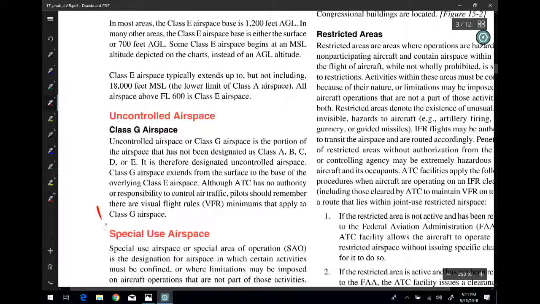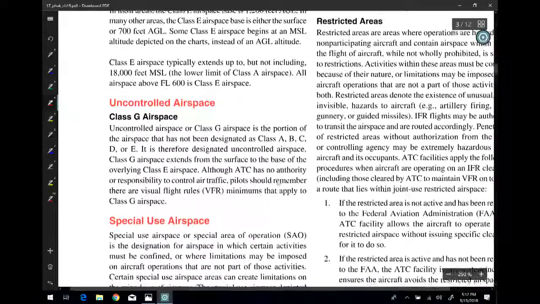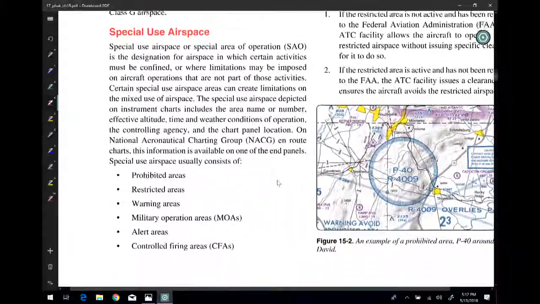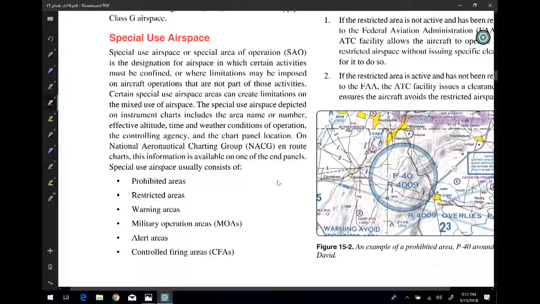Okay? Then we go to special use airspace. This is where we have some different areas that we definitely want to be familiar with. Prohibited areas, restricted, warning, military operation areas, alert areas, and controlled firing areas. When you hear me say those words, you think there's a lot of military work going on here.